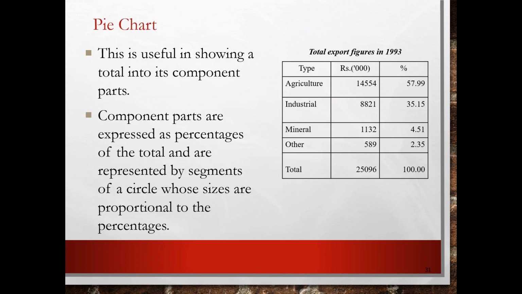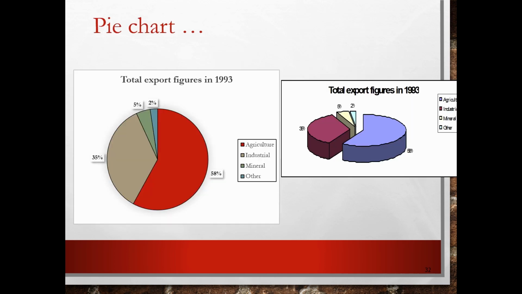For a single categorical variable, in addition to bar charts, you can draw pie charts as well. Say for example, we have data about export figures in 1993 with respect to the type of the exports: agriculture, industrial, mineral, and so on. With respect to these export figures in rupees, you can get the percentage of export amounts obtained from each type, as a percentage, because in a pie chart we display it in terms of percentages.